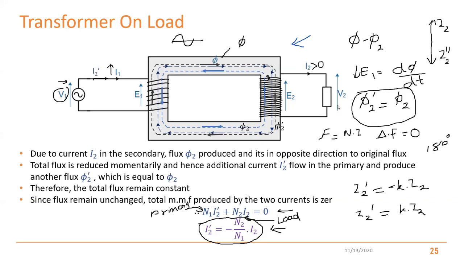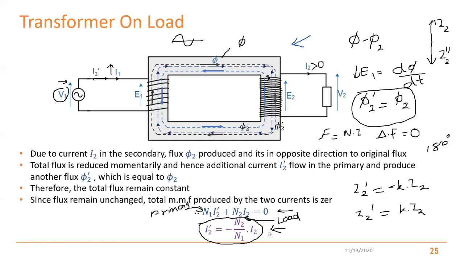In order for this flux to be neutralized, the magnetomotive force produced by the additional current and the load current should be equal. Therefore you can write that the total additional magnetomotive force is 0. That means N1 into I2 dash plus N2 I2 should be 0.